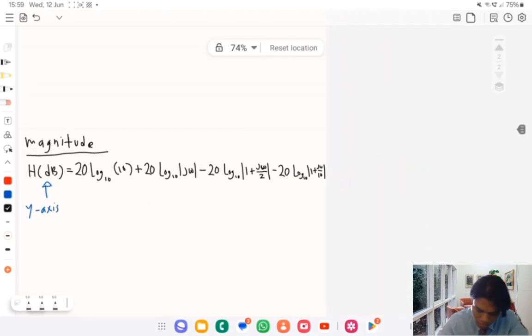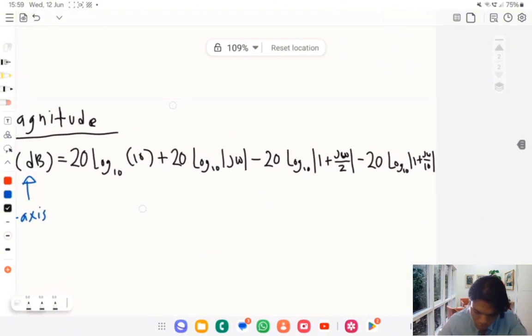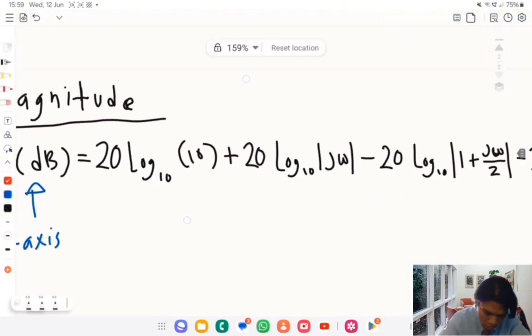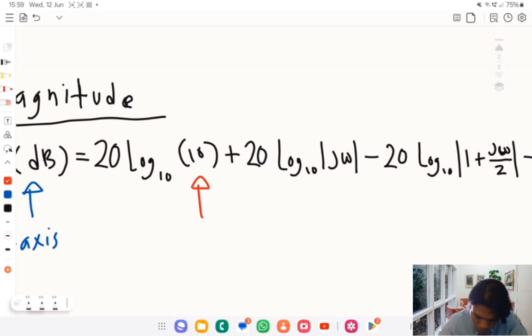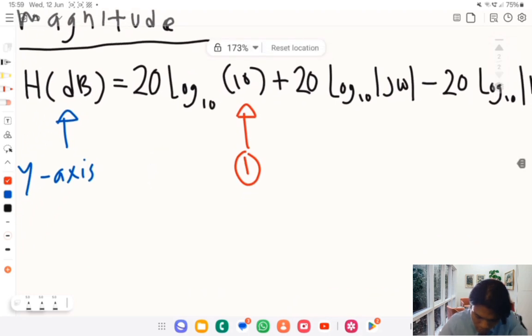Alright, so this is the equation for the magnitude, but now we assume the first one is constant.